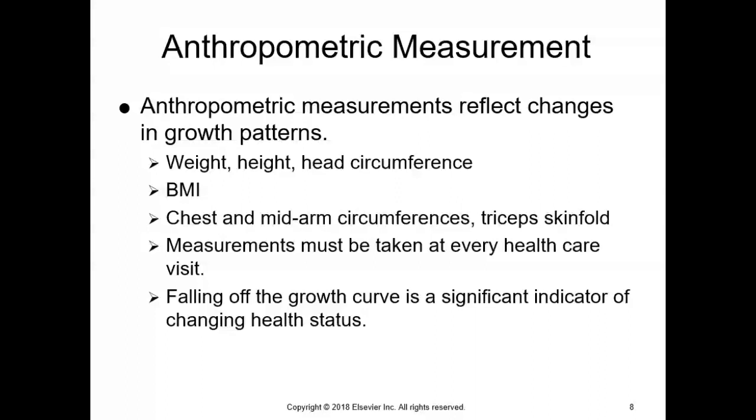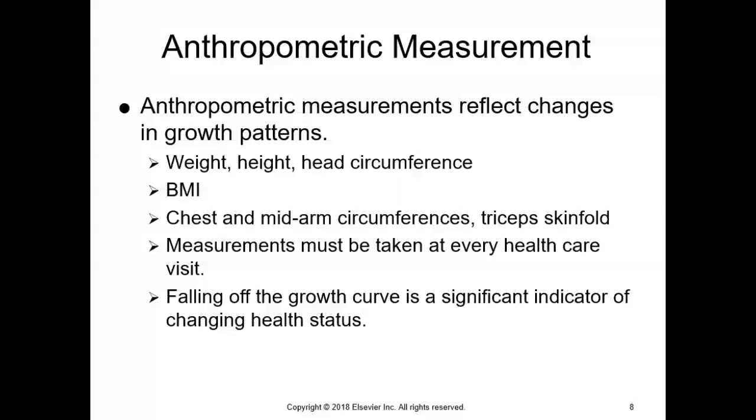BMI is used primarily to screen for children who are overweight, although it can be used to describe children who are underweight. Special growth charts for premature, very low birth weight infants and children with special needs are available, but may be based on old or inconsistent data. Normal growth charts can be used with the infant's age corrected for gestational age.